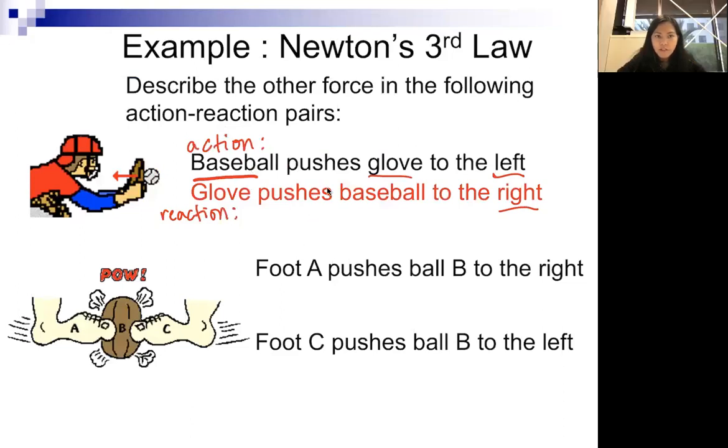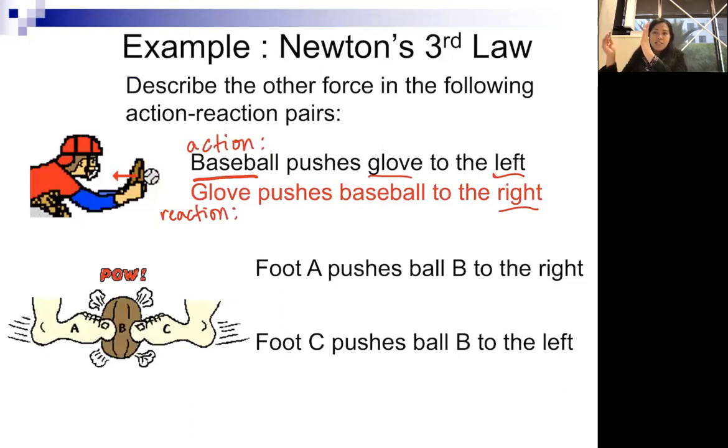Say this is the glove and this is the baseball, which is not so obvious against the white background there. Notice that the glove does not necessarily stop the ball.